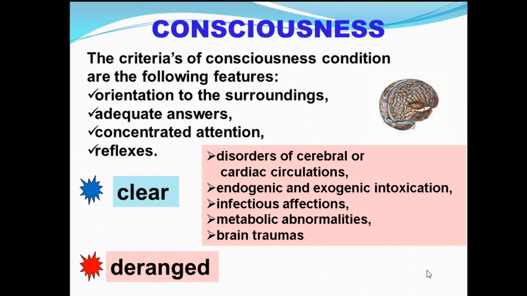Also some intoxication, endogenic or exogenic, due to infectious affection, due to some metabolic abnormalities, and through pathology of the brain: trauma, new growth, and any other pathology, about which we'll continue to talk during our course.